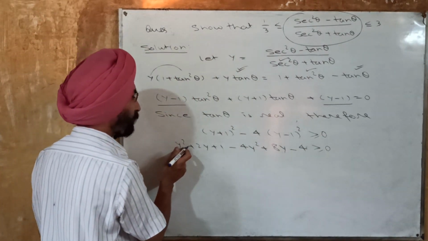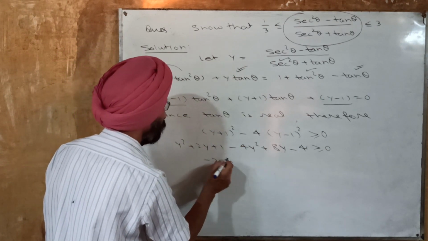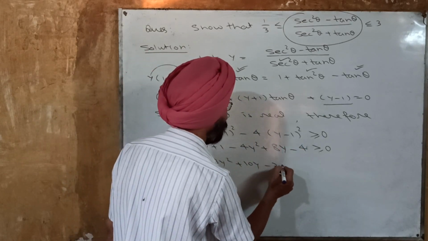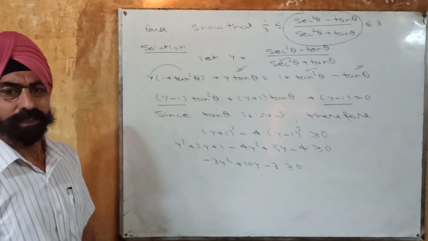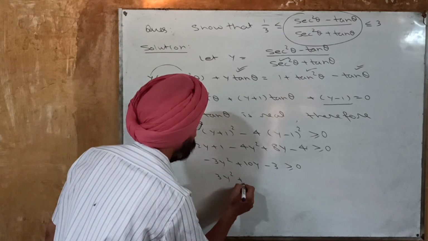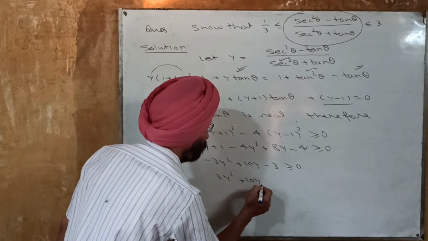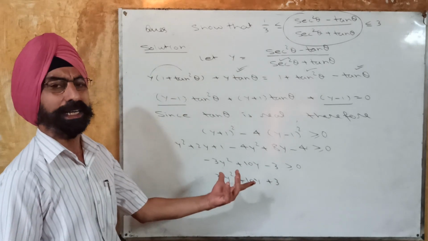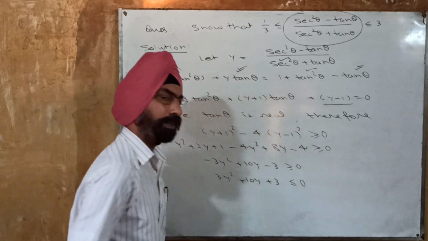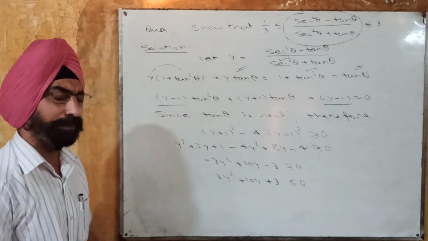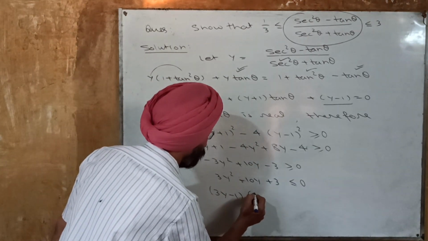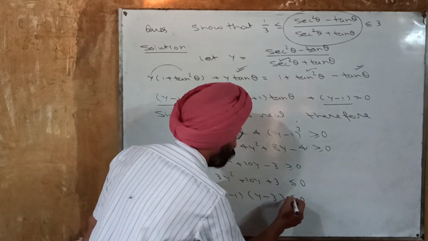Collecting the terms, this y square minus 4y square is minus 3y square, 2y plus 8y is plus 10y, this 1 minus 4 is minus 3, is greater than or equal to 0, and multiply this inequality both sides by minus 1 to get 3y square minus 10y plus 3, and since you have multiplied by a negative number, the sign of inequality is going to change, you will get it less than or equal to 0. Now left hand side can be easily factorized, and the factors are 3y minus 1, y minus 3 is less than or equal to 0.